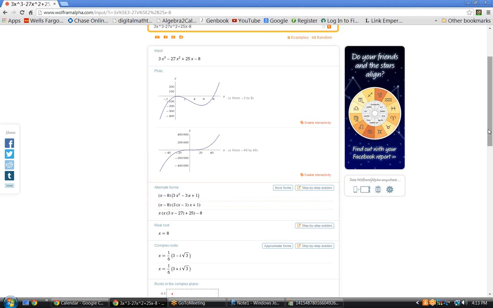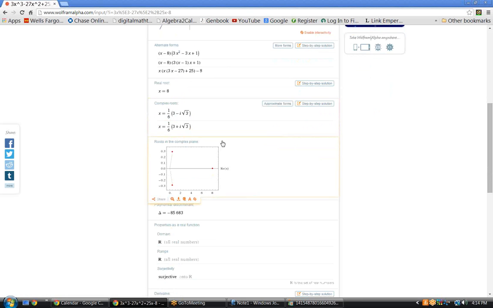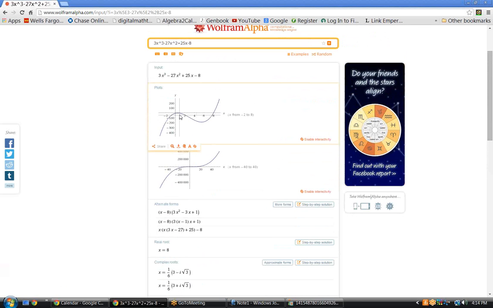All right. They do break it down and give you the complex roots on Wolfram Alpha, and here's the two complex roots. Okay. Now, what that means is that that thing doesn't hit 0. Looks like it does, but if it was touching the x-axis, maybe on yours it doesn't touch the x-axis.